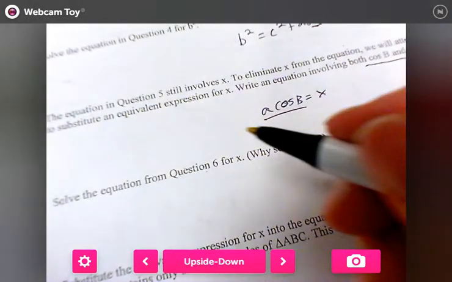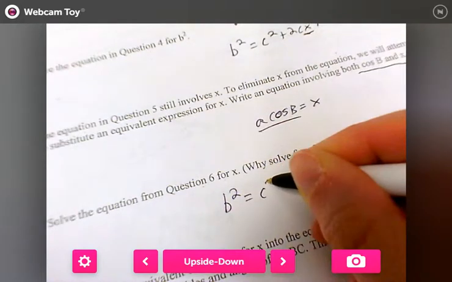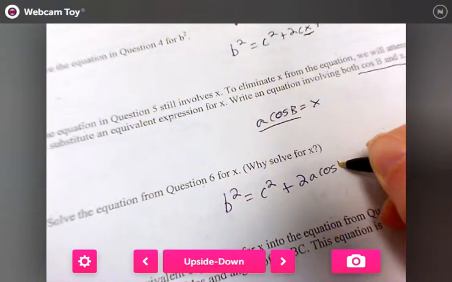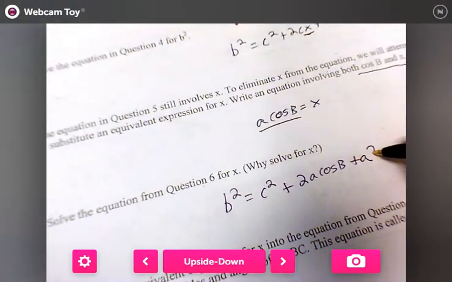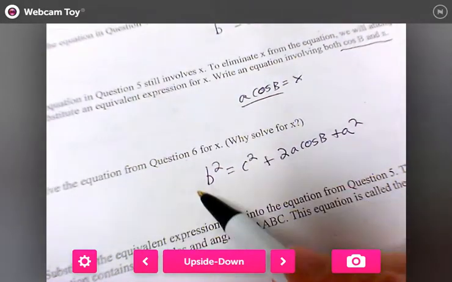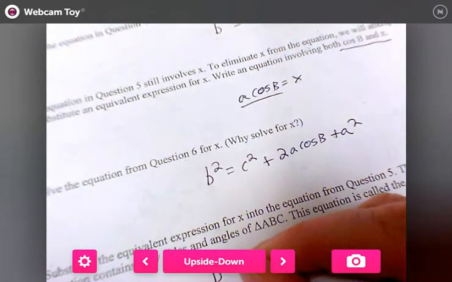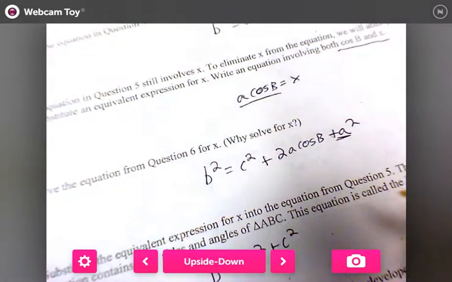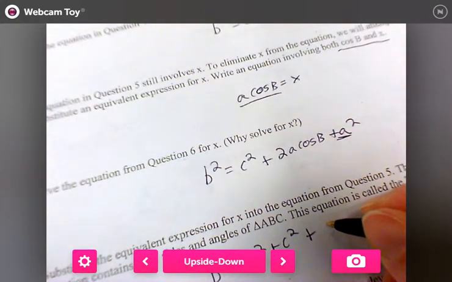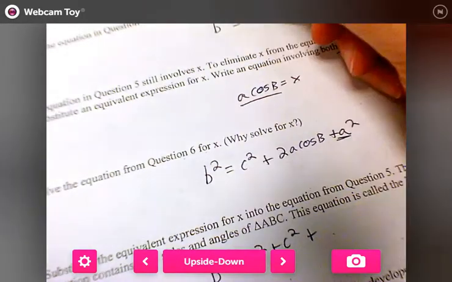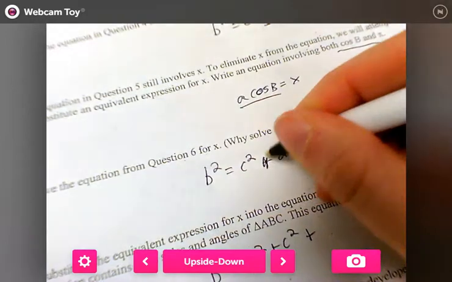So I get b squared equals c squared plus 2a cosine b plus a squared. Okay? Now, we're going to fix this a little bit and move this around. So we're going to say b squared equals, I'm going to put a squared first, plus c squared, nope. This is minus, this is minus.